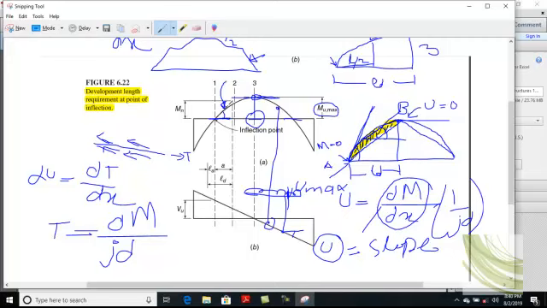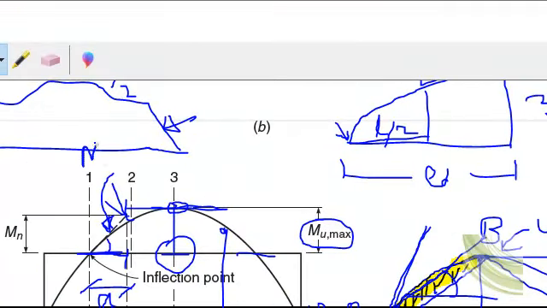You see this line, and this line is assumed to extend for a distance of a. This distance is basically equal to a. Clear? Now the moment capacity at the peak point of this line is assumed to be Mn.